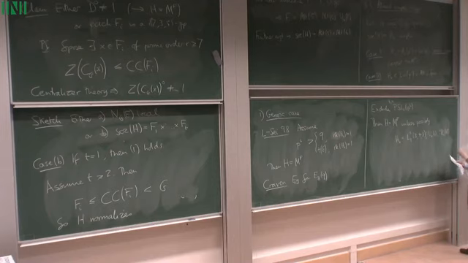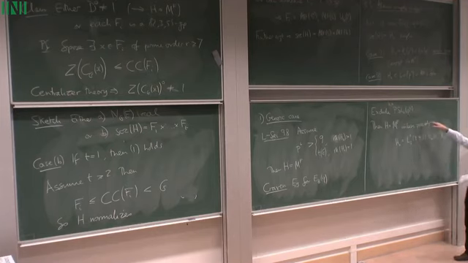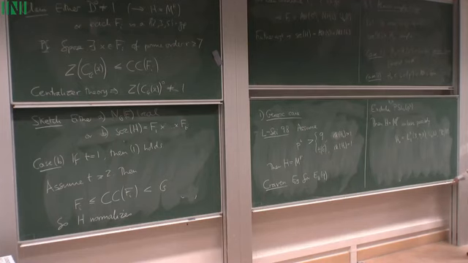So just some small groups in characteristics 2 and 3. Apart from that, he's got rid of everything. Okay, and I think he's working on the PSL2s for E8. So that's excellent progress on the generic case.